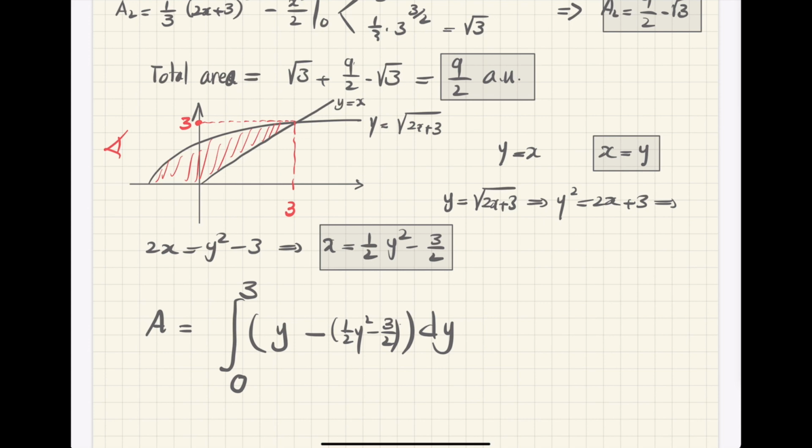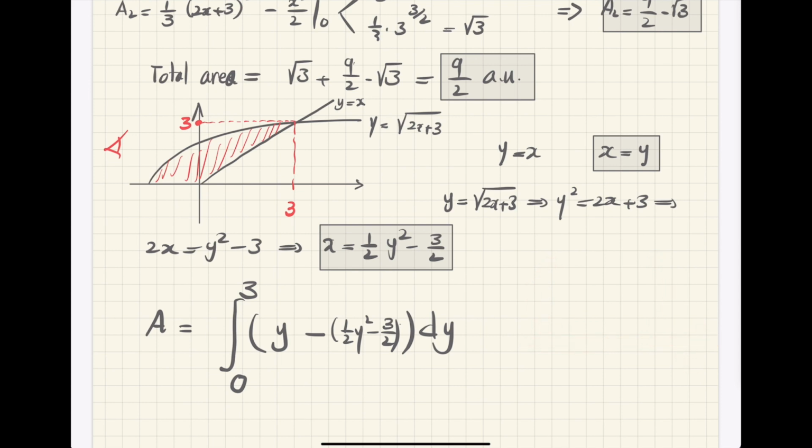When I was considering x, I was writing the top function first and the bottom function later and subtracting them. But now my perspective has changed. This is the positive x direction, so if you think of it going upward, then this is higher than this one. So I would write this one first minus this one.